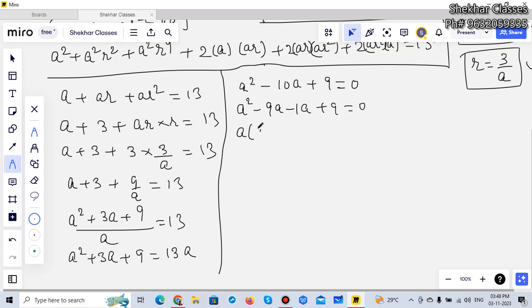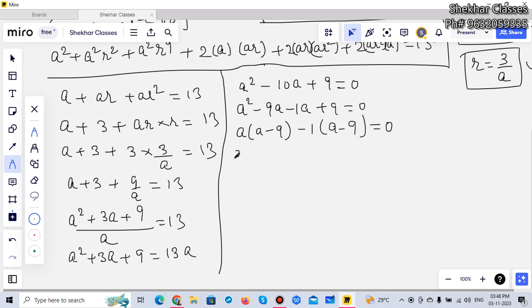So A common, A minus 9, and minus 1 common, A minus 9 is equal to 0. So A minus 9 and A minus 1 is 0, which means A is 9 and A is 1.